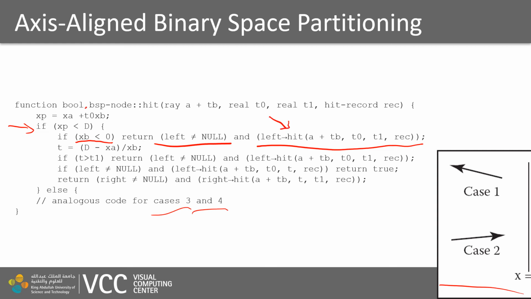You can see that this function returns a Boolean value. True will be for hit, and false will be for not hit. And in case we have a hit from the child, then this will be returning true also for this node, so to say.